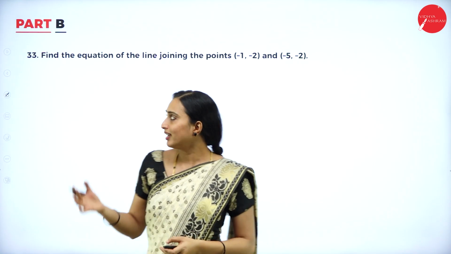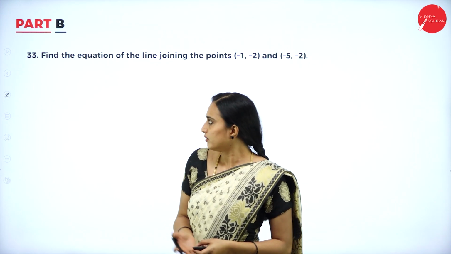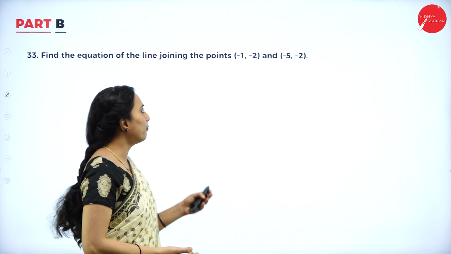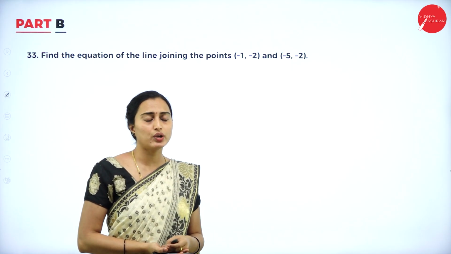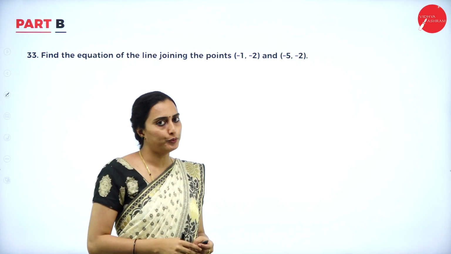Now we'll be moving on to the next question, which is the last question of your part B, question number 33. Find the equation of the line joining the points minus 1, minus 2 and minus 5, minus 2. Dear students, you can observe here, in a straight line they have asked 2 questions of 2 marks.